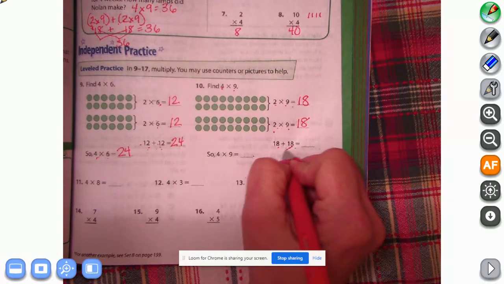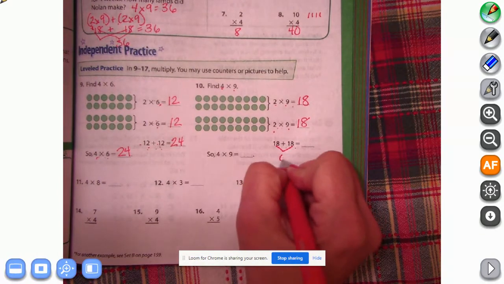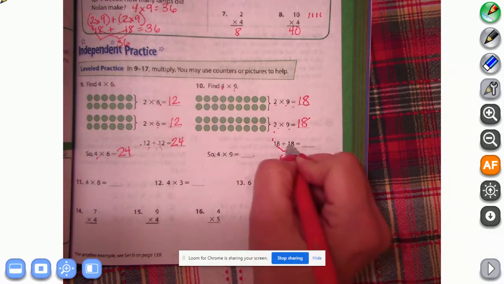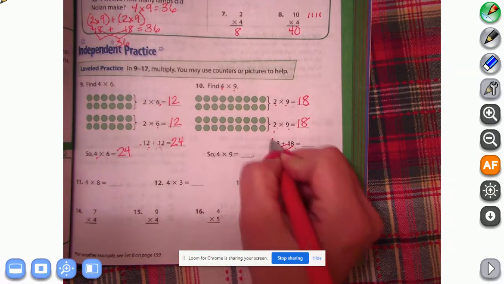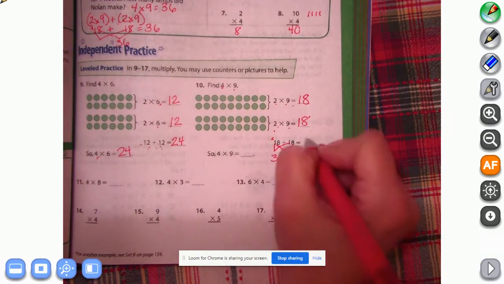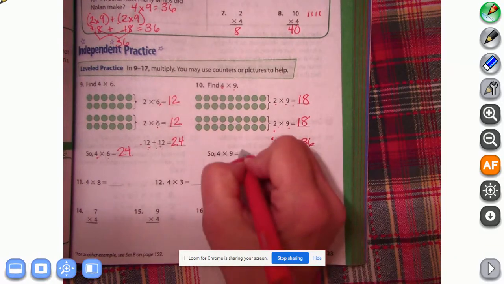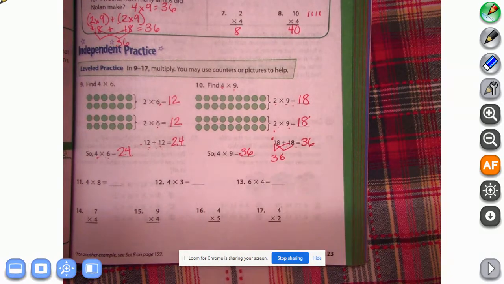So if I take this 8 and add the 8, that makes 16. Carry the 1. 1 plus 1 is 2, plus 1 more is 3. So 4 times 9 is 36. Go ahead and get that written down.